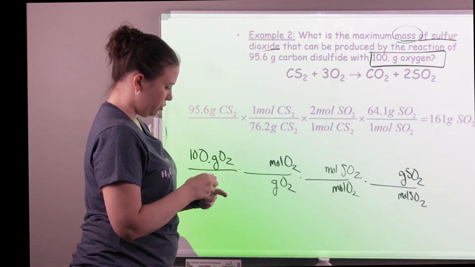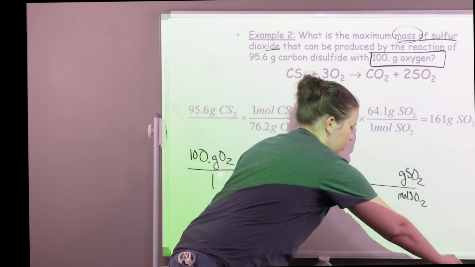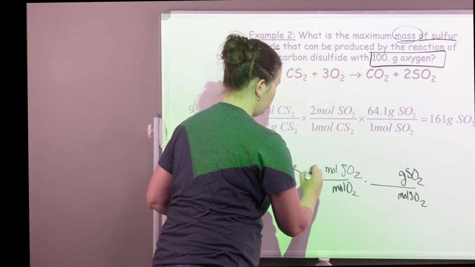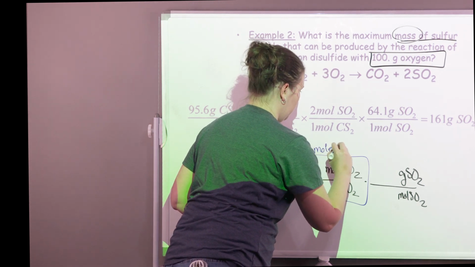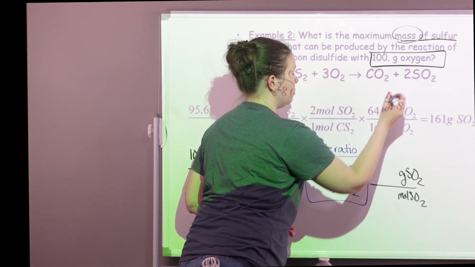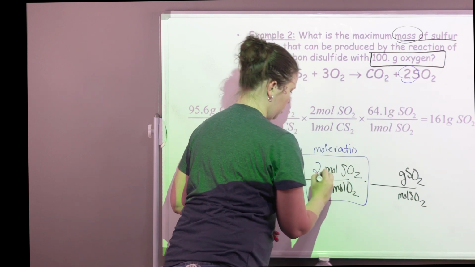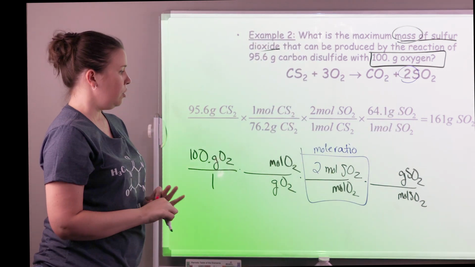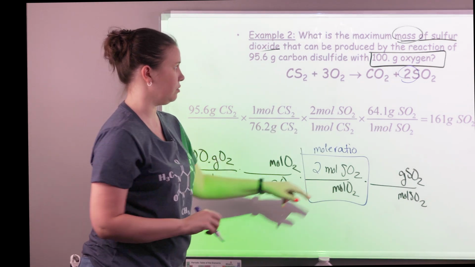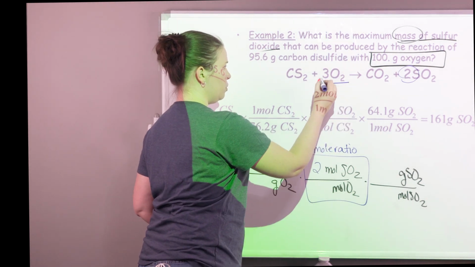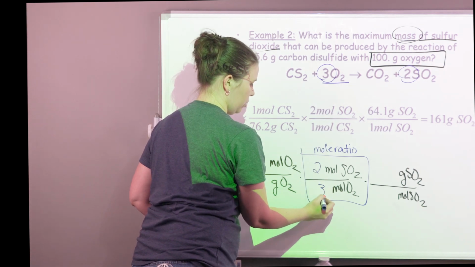So now we want to plug in our numbers, and just like last time, I'll start with the mole ratio here. Just like last time, for SO2, I've got 2 moles. But how much O2? This is going to be different because we have a different reactant, right? So we've got to find the O2, and the coefficient here is 3.